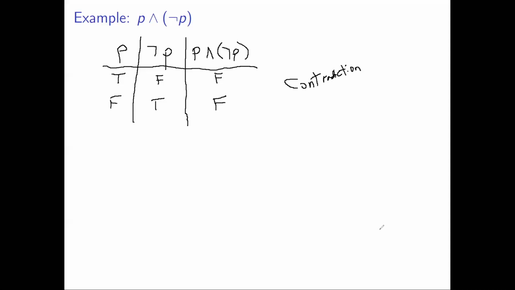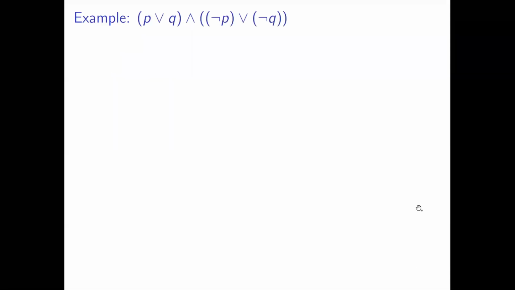So let's look at some more examples. Okay, this one. Let's try to determine whether or not this is a contradiction. This one looks more complicated than some of the other ones we've seen. Even though it won't have too many rows, it will have a decent number of columns.